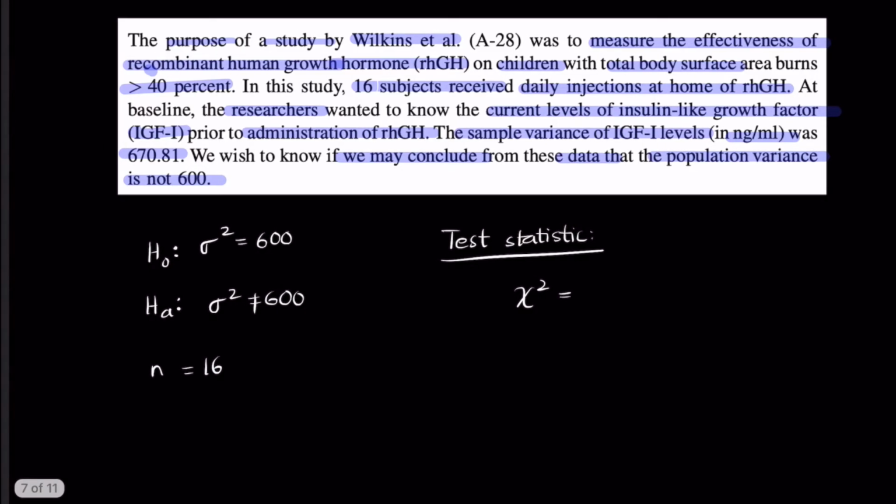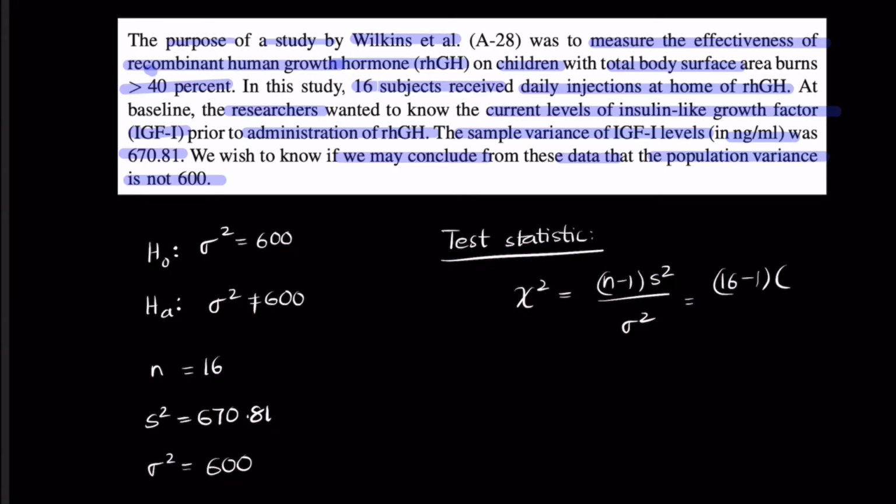They also gave us the sample variance, 670.81, and the sigma square value, which is 600. So chi-square is n minus 1 times s square by sigma square. So n minus 1 is 16 minus 1, times 670.81 divided by 600. When you calculate, you get a value of 16.77.